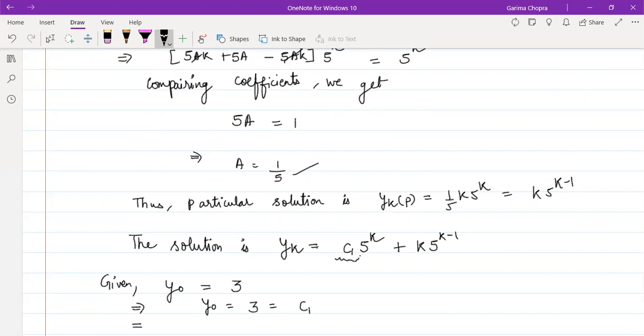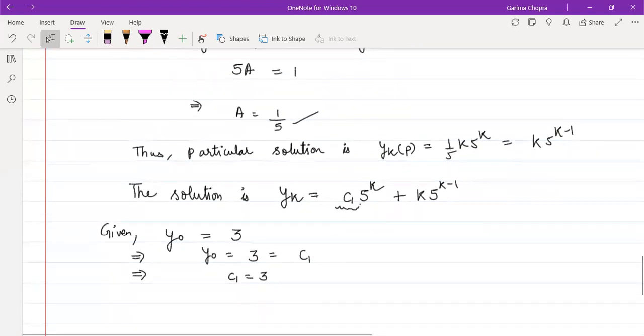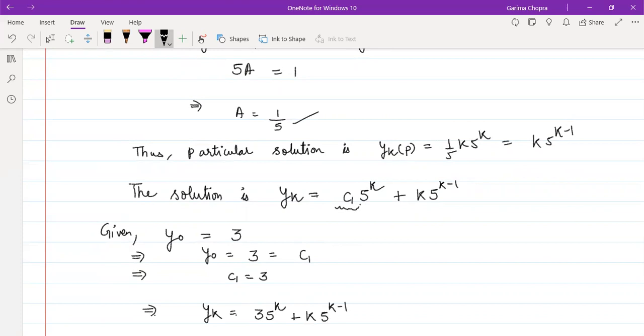So this will give us directly C1, and C1 is 3. So if we put the value of this constant C1, yk, the kth term of the sequence, is 3 times 5 raised to power k plus k 5 raised to power k minus 1.